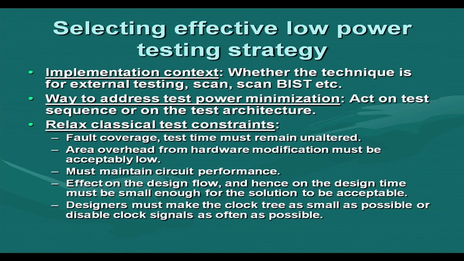If we are allowed to modify the test architecture, like the scan chain modification using mixed D and T flip flops, or scan cell reordering, or putting a mask between the scan chain and the circuit, those are strategies by which we can change the test architecture. That is one possibility, and if those things cannot be touched, then we have to work on the test vectors, and there we have options like test vector reordering, compression, and compaction. So, these are the various avenues that we can try out.